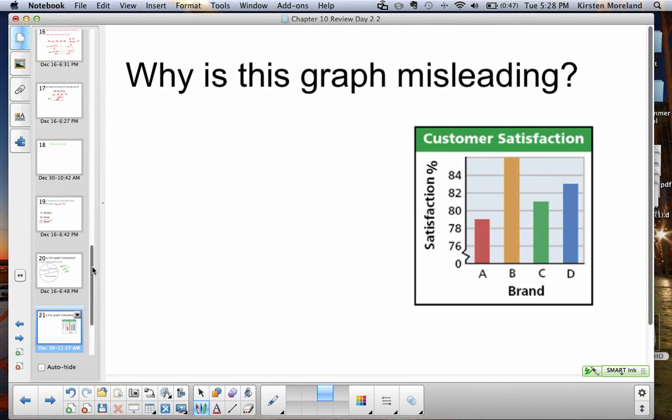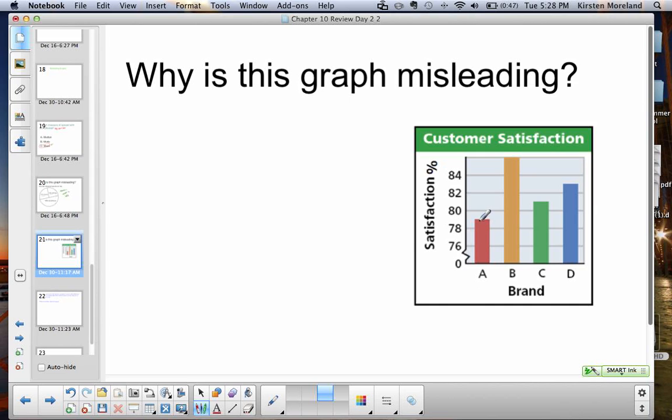Right, and then this graph, why is this graph misleading? You look at brand A versus brand B, and it looks like it's more than double, but if you look at the actual values, it's about 79 and 86.